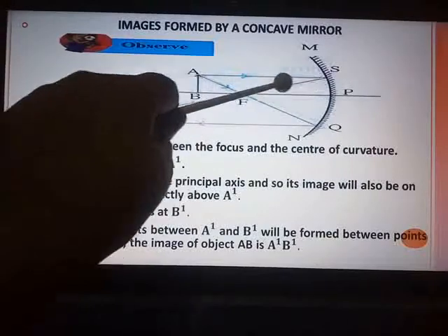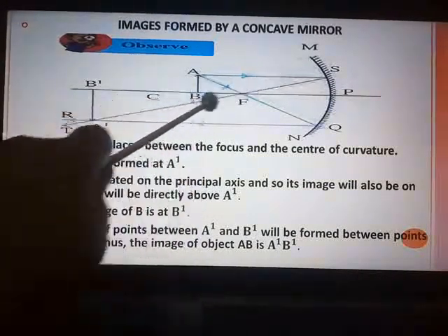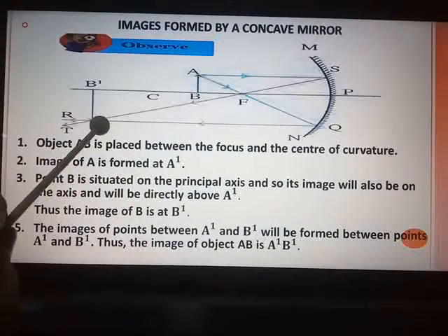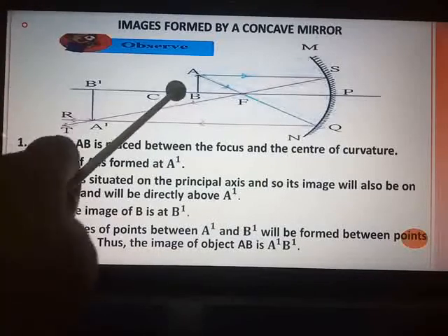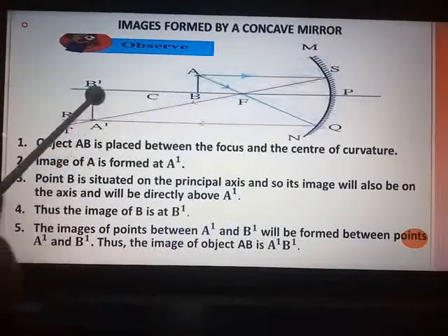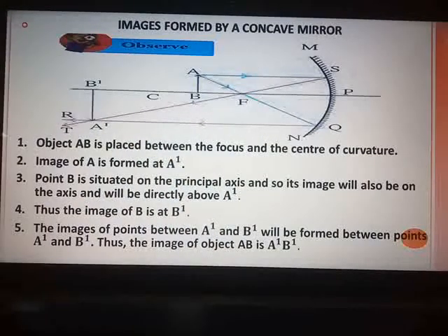Now this ray is cutting the reflected ray QR at point A1, and thus the image of A is formed at A1. The point B is situated on the principal axis, and so its image will also be formed on the axis, directly below A1 at this point, that is B1, and thus the image of point B is at B1.